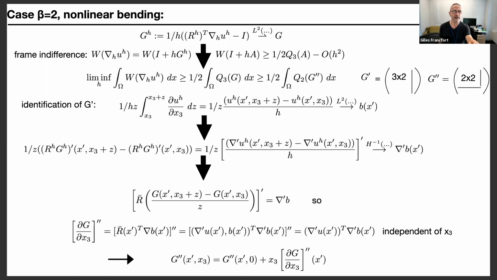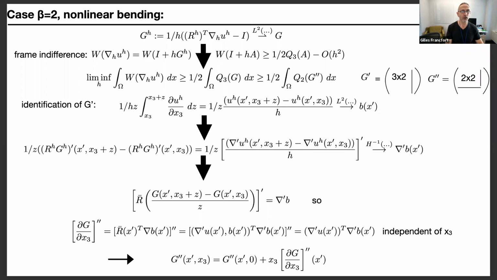By computing the integral from x3 to x3 plus z, so this time z is not anymore an in-plane variable, it's an out-of-plane variable, of du^h/dx3. So you write what it is. That's what I wrote, 1 over z times something. And now you try to pass to the limit.